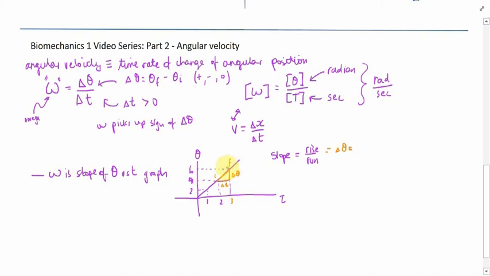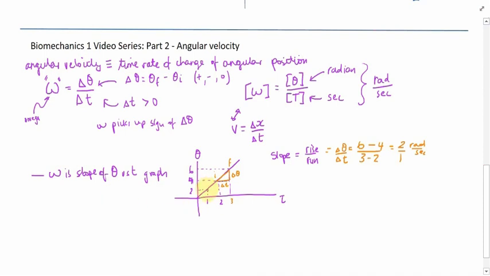So my final angular position was 6 radians minus 4 radians, and the change in time was 3 seconds minus 2 seconds, which gives me 2 over 1, or 2 radians per second.